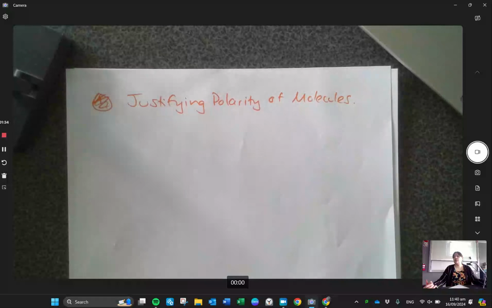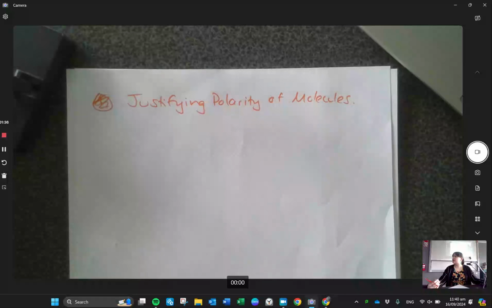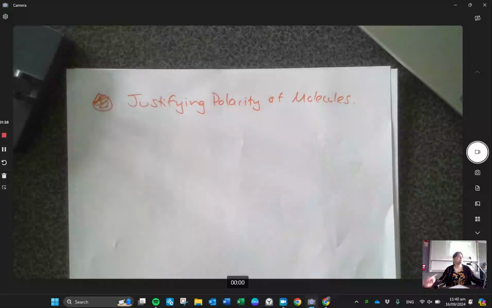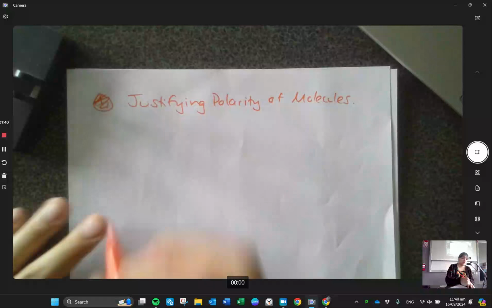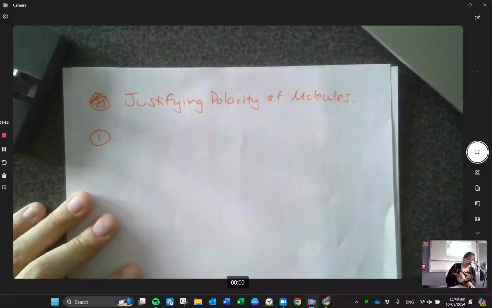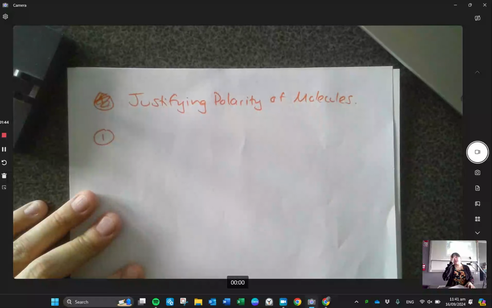When we're coming to justify this, there are several different layers we need to use, and just as a refresher for you, I'll show you the bits and pieces. The first thing we need to think about when justifying if a molecule is polar is, are there polar bonds?